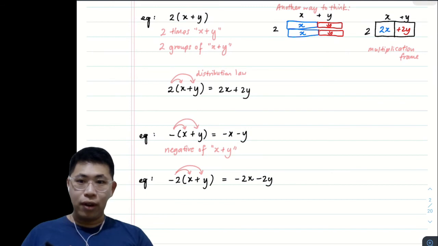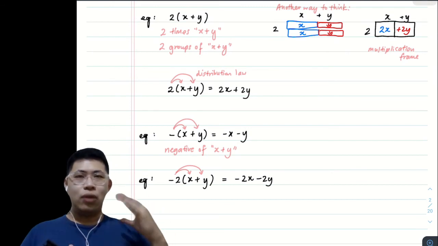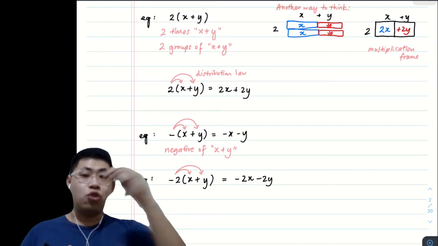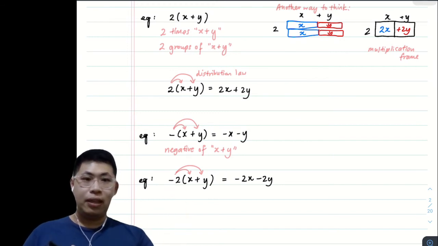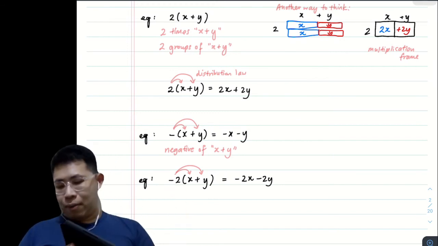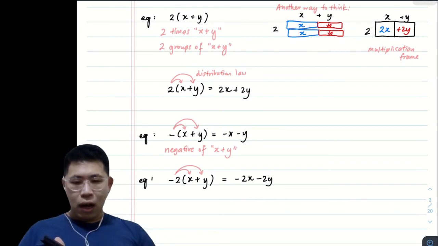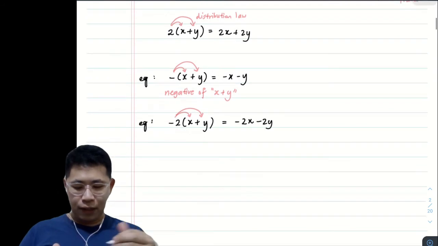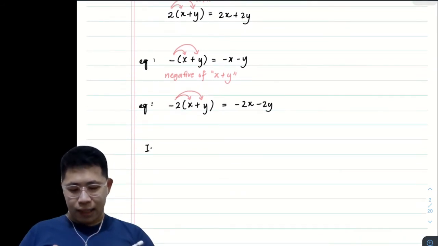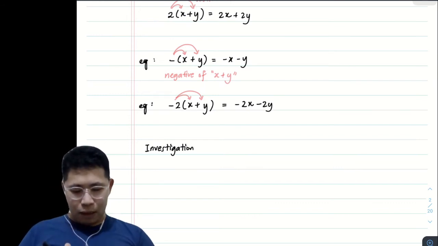To review your expansion, as a summary, what we did was we distributed the 2 to multiply with the content within the bracket. Very simply, what I want you to do to prepare for Friday's lesson is to look at the investigation in page 106.